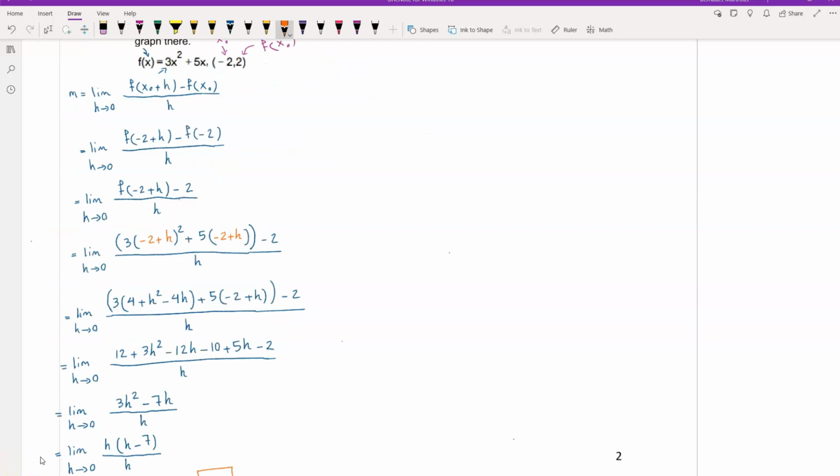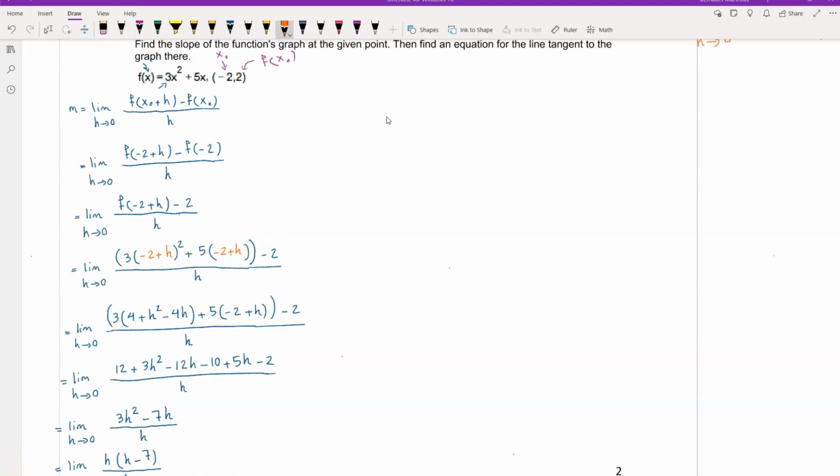Now finding our equation. So what we have here, f of x naught, that is y naught. So I'm going to use y minus y naught equal to our slope m times x minus x naught. Y minus y naught, or f of x naught, that is 2.